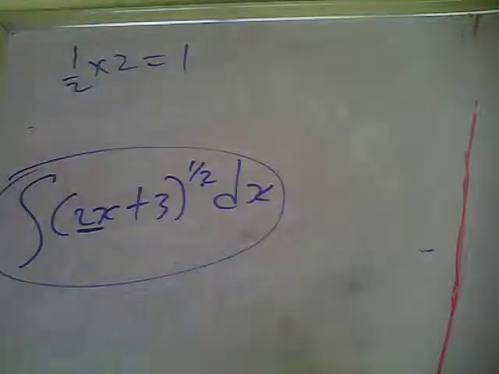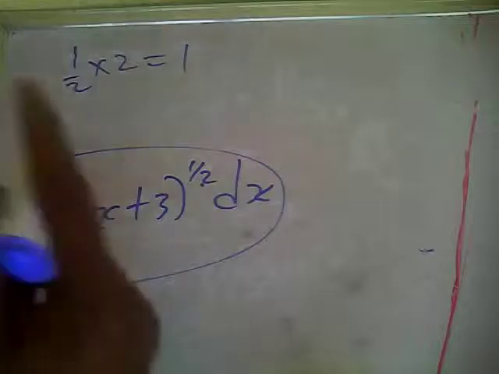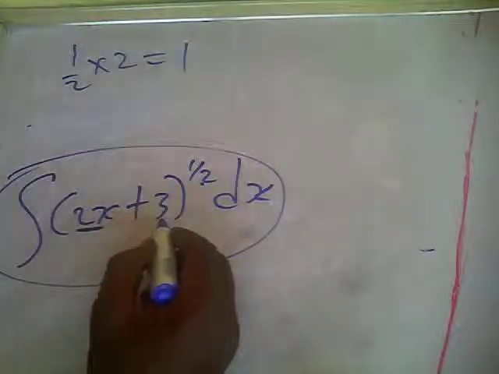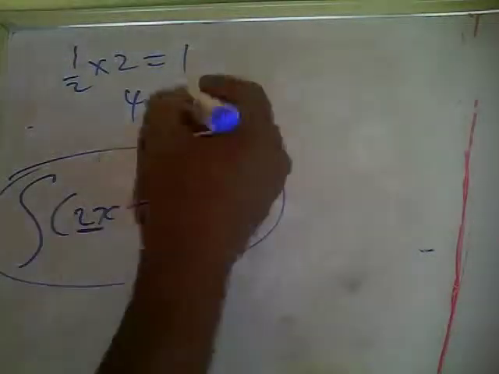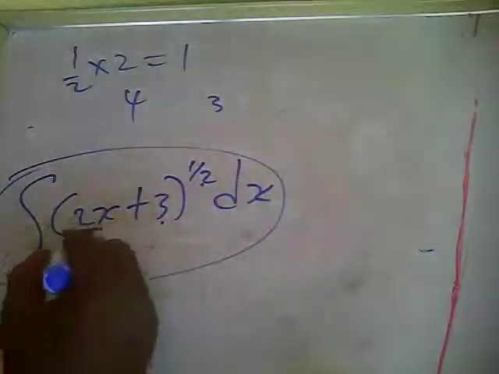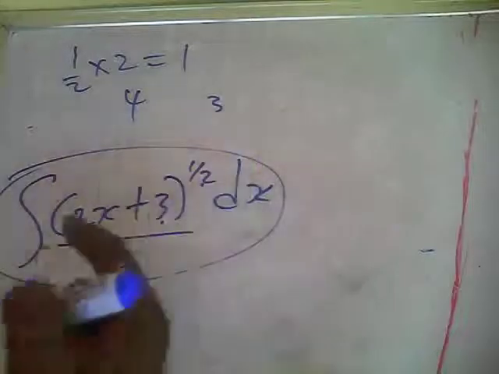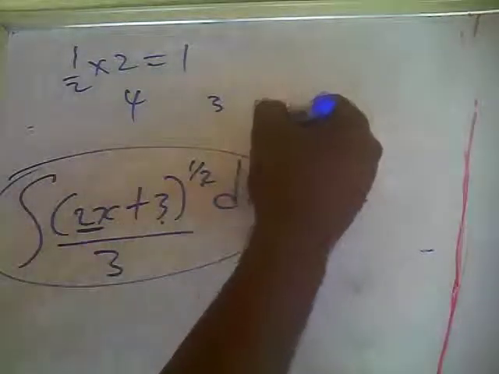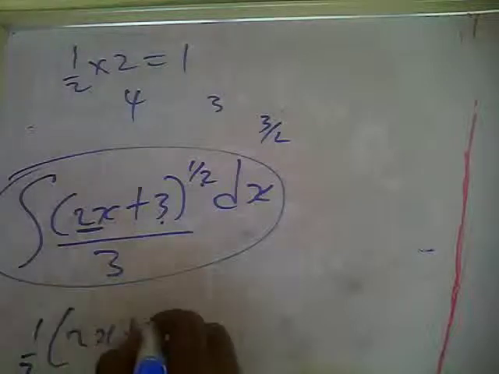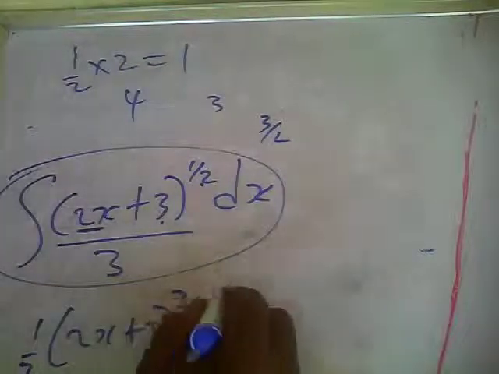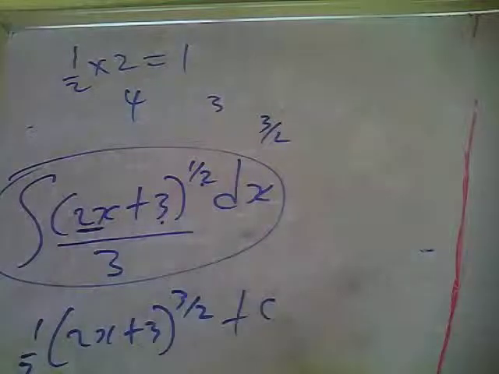If that gives us 1, we add that 1 to this 3, that gives us 4. Then we subtract 1 from it, that gives us 3. So we divide the function by that 3, then we add 1 to this half, and that becomes 3 over 2. So our answer will be 1 over 3, 2x plus 3 to power 3 over 2, then plus c. That's a shortcut.